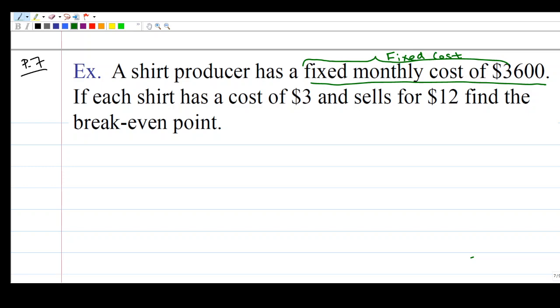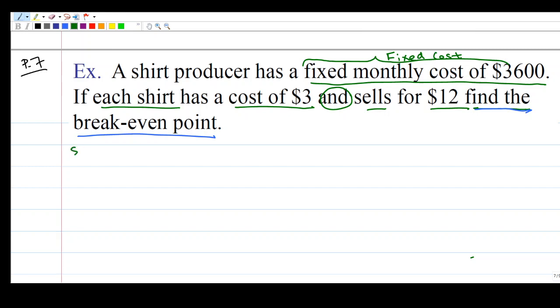If each shirt has a cost of $3 and sells for $12, find the break-even point.